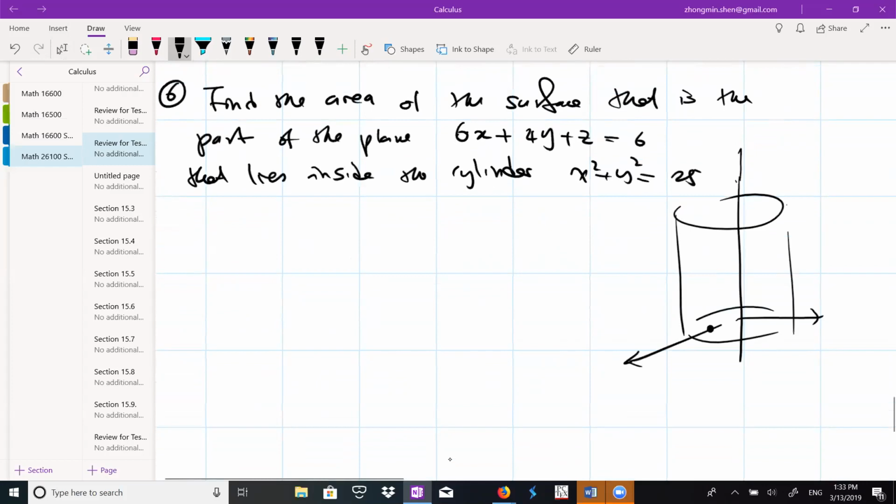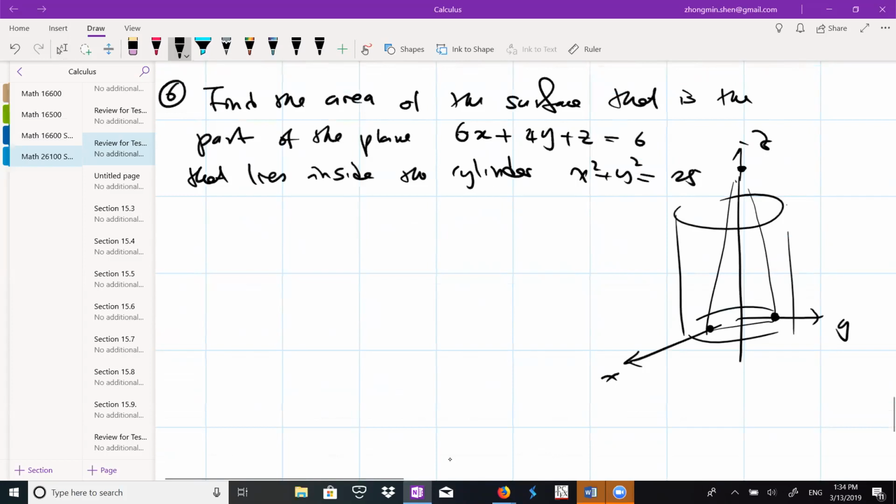When x is 0 and z is 0, y is going to be 6/4. It's somewhere here. When x is 0 and y equals 0, z is going to be 6. 6 is very tall. So the plane is passing through these 3 points.